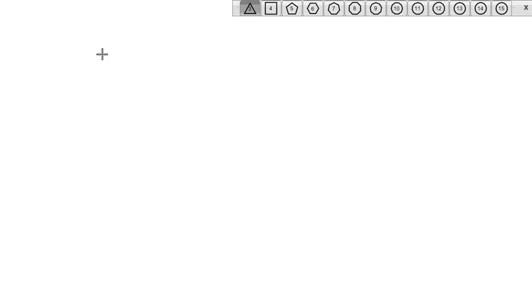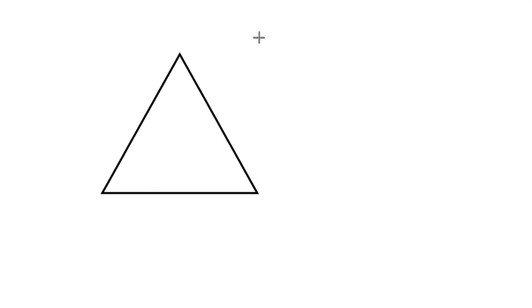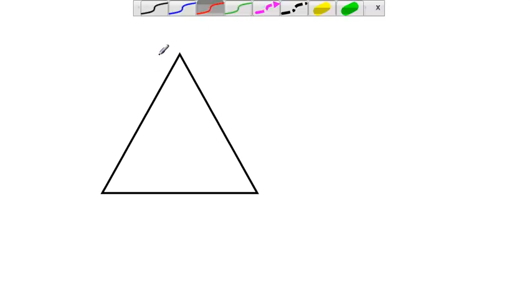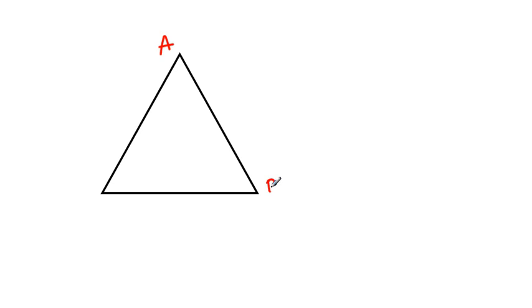Then, my first question will be this. I'm going to have an equilateral triangle. Let us say this is A, B, C. So in an equilateral triangle ABC, we realize that AB must be equal to, let us say, 10.